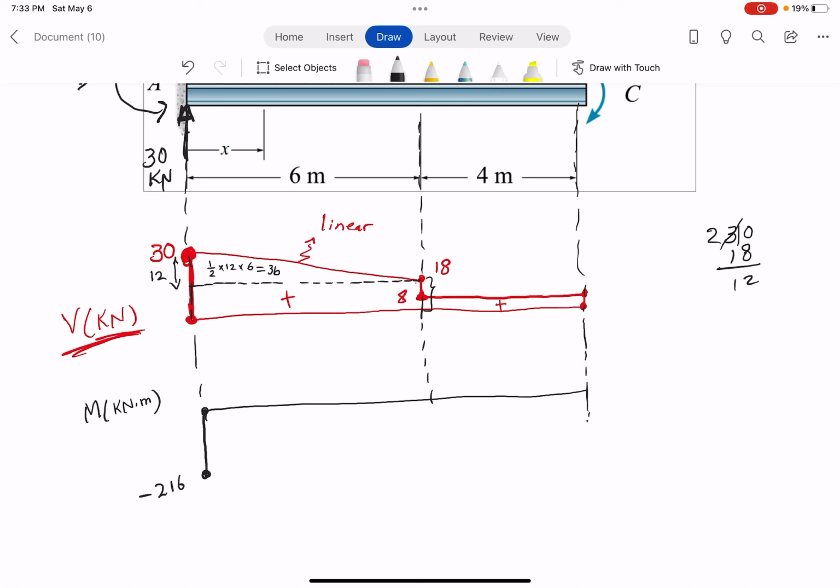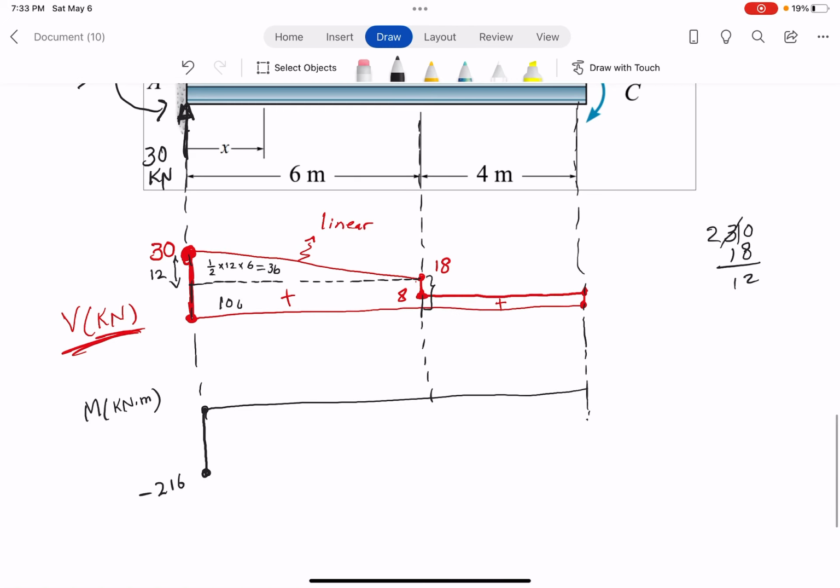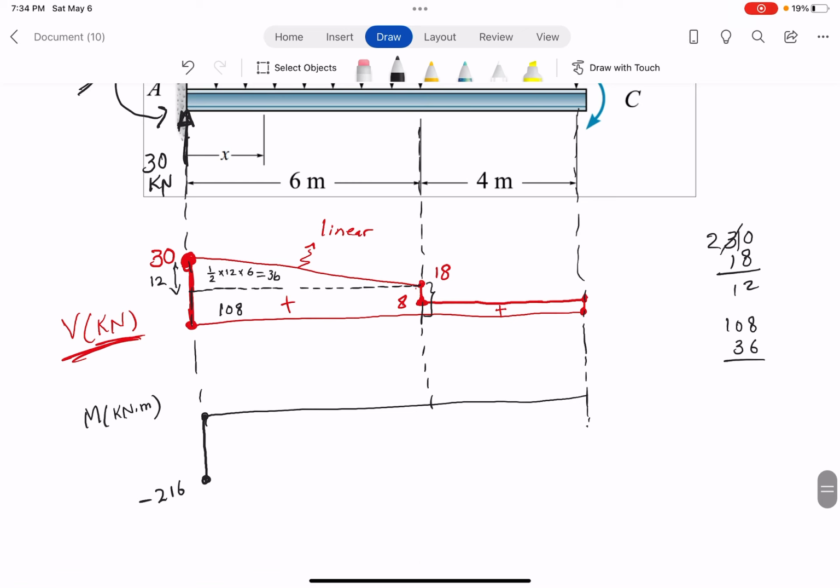It is 18 times 6, which is 108. So 108 plus 36 is 144.